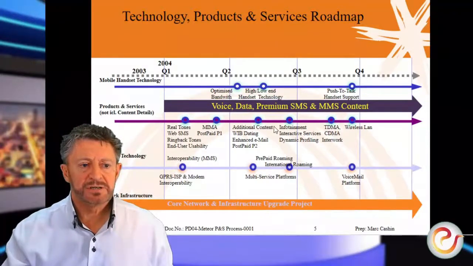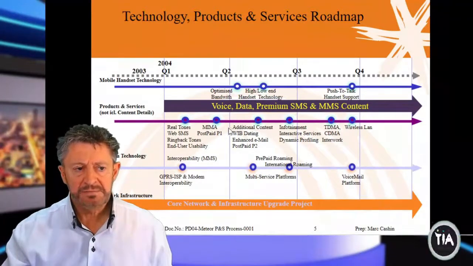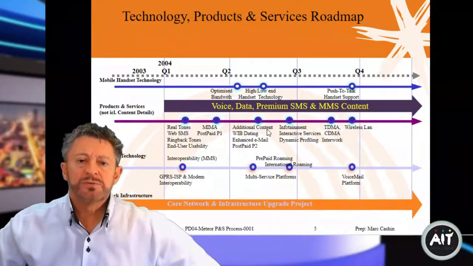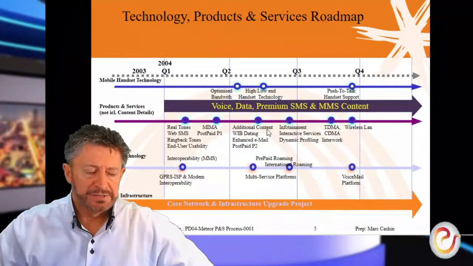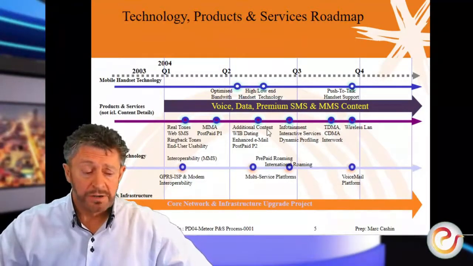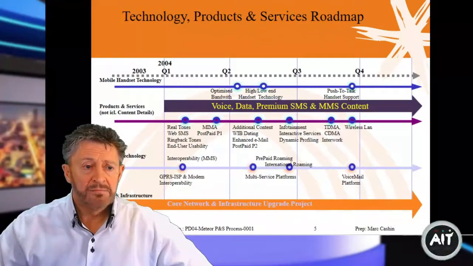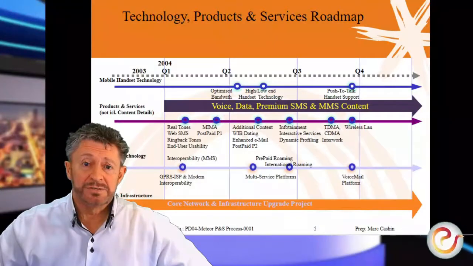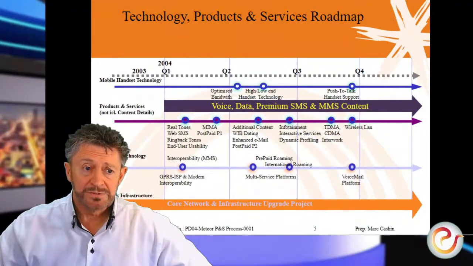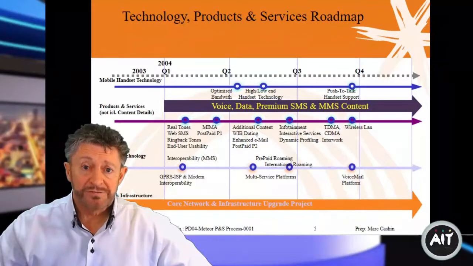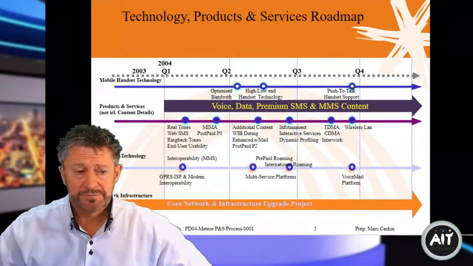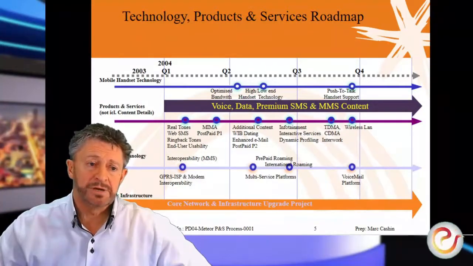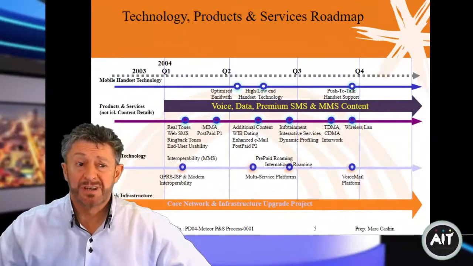This one up here, additional content. If the truth be told, that was originally called adult content, and essentially porn on mobiles. We never introduced it, but the reason I included it was because it was a huge revenue generator for other networks. But here in Ireland, being who we are, that was really not a runner.